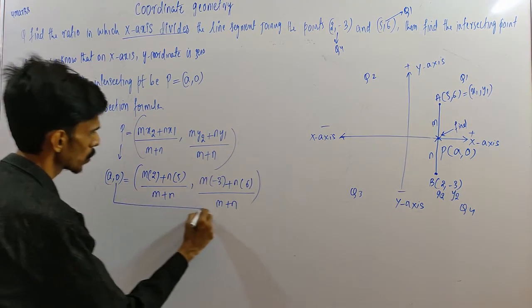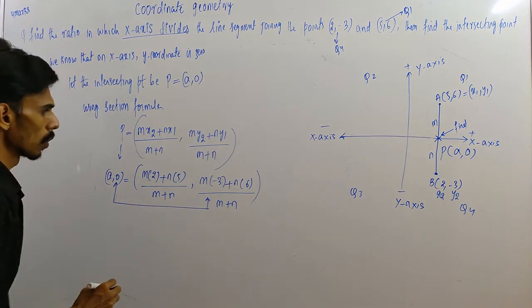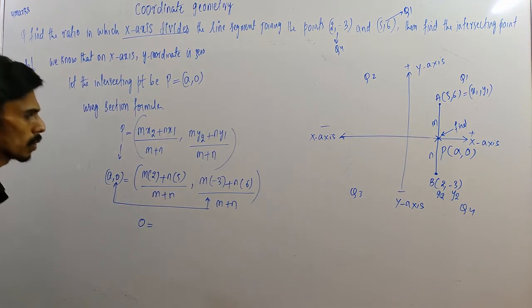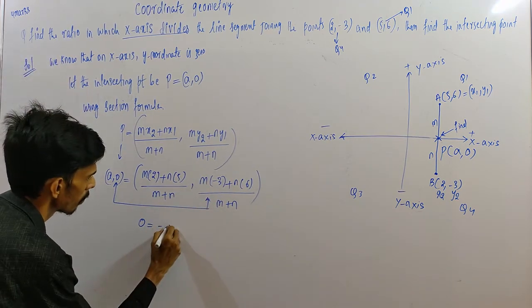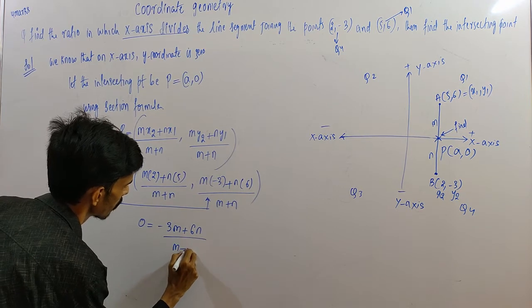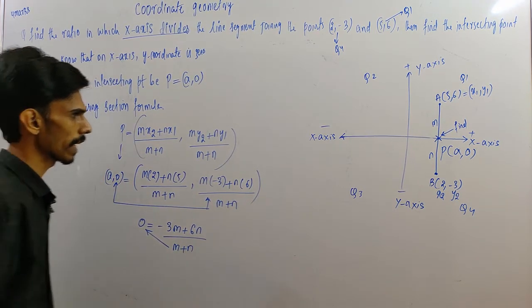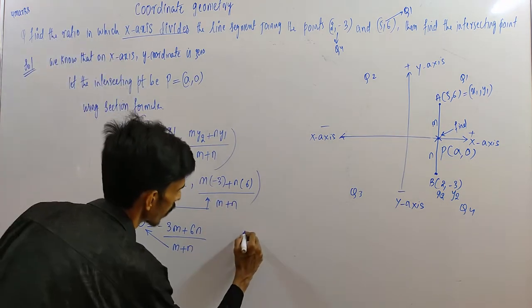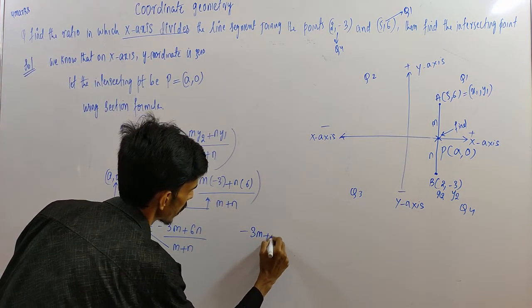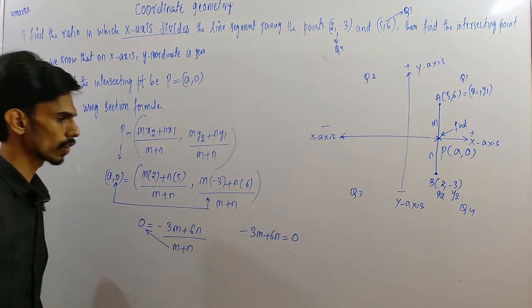Now equate: 0 is equal to (-3m + 6n) divided by (m + n). Now cross multiply: 0 into (m + n) we will get 0 only. So we have -3m + 6n = 0.